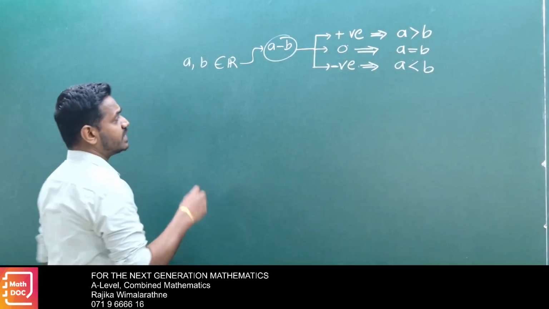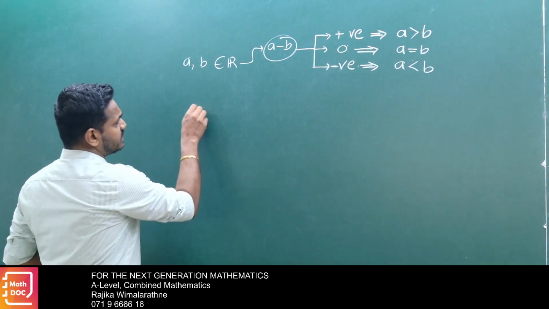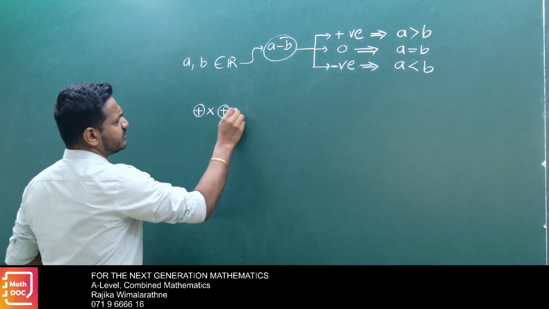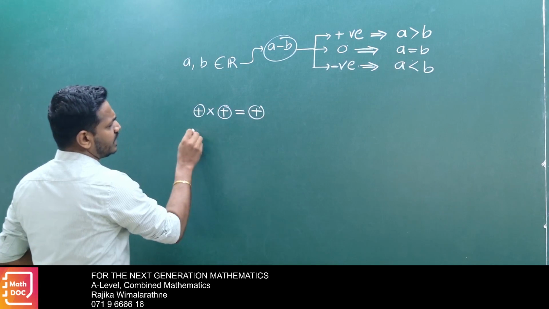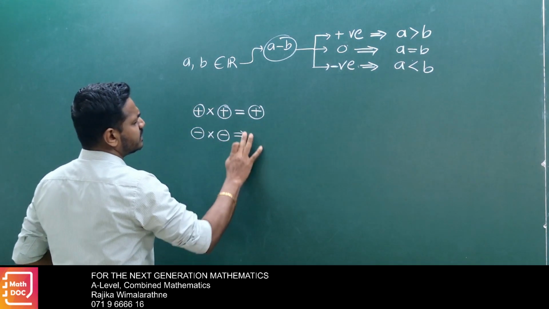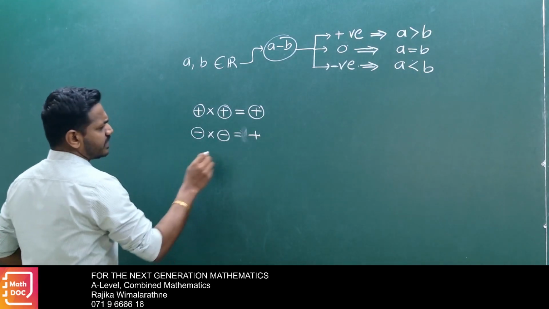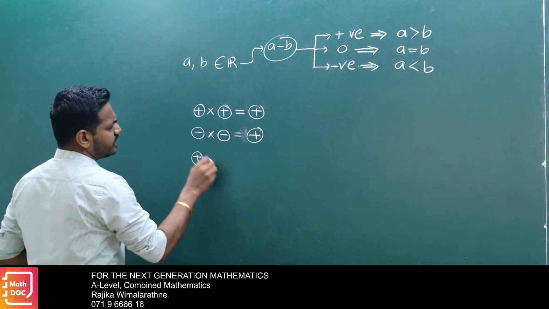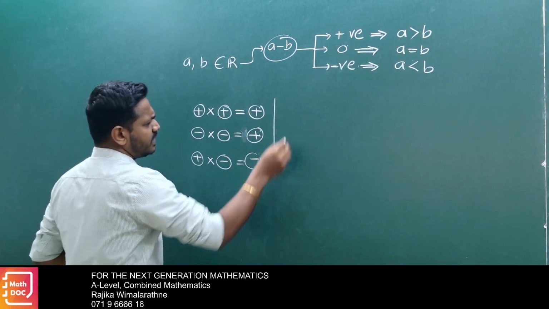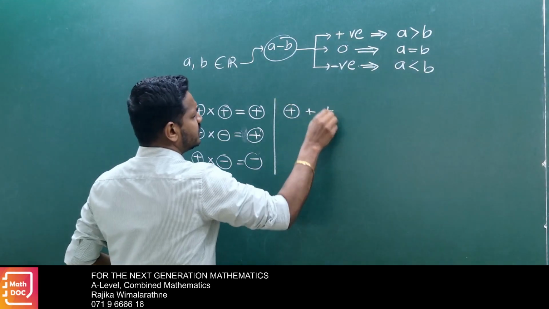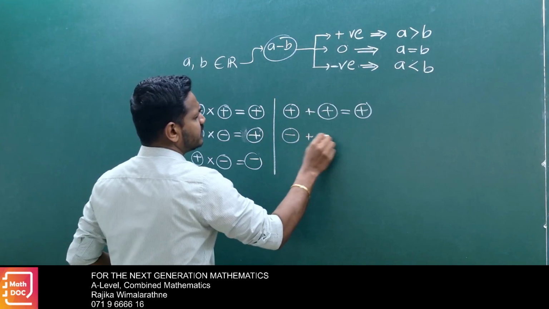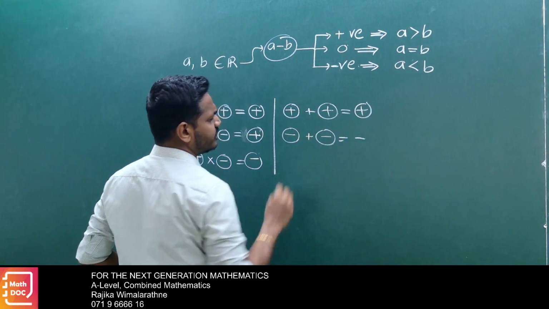Then further, positive times positive, the product is positive. Negative times negative, the product is positive. Positive times negative, the product is negative. Positive plus positive, the result is positive. Negative plus negative, the result is negative.